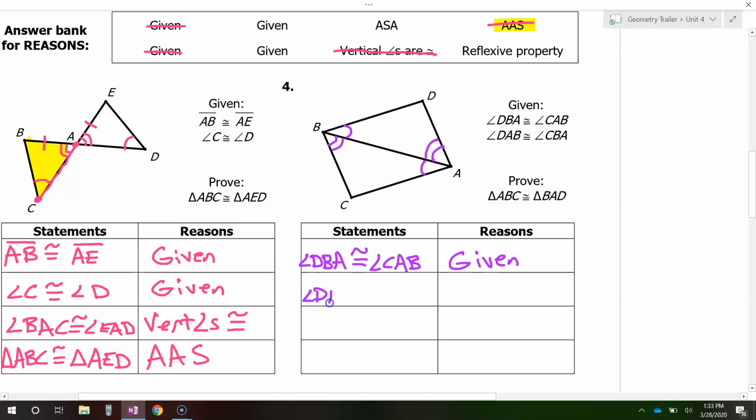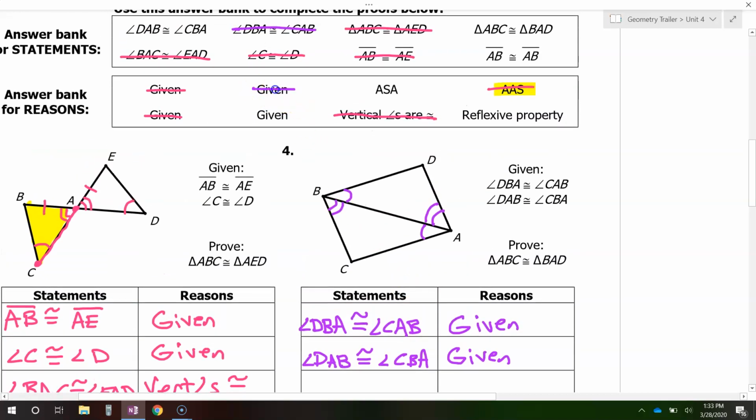Angle DAB is congruent to angle CBA. And that is another given. All right, so there goes the two givens, and we just use this statement.